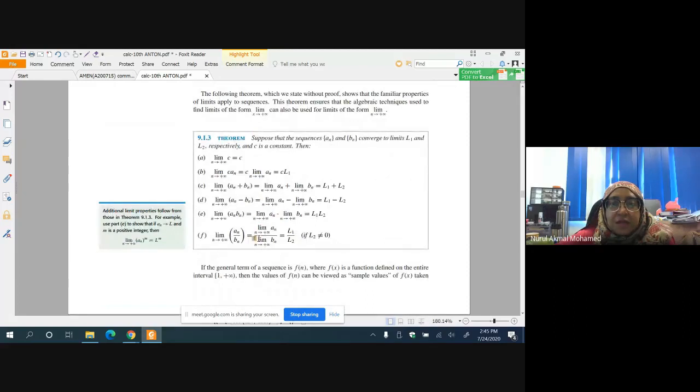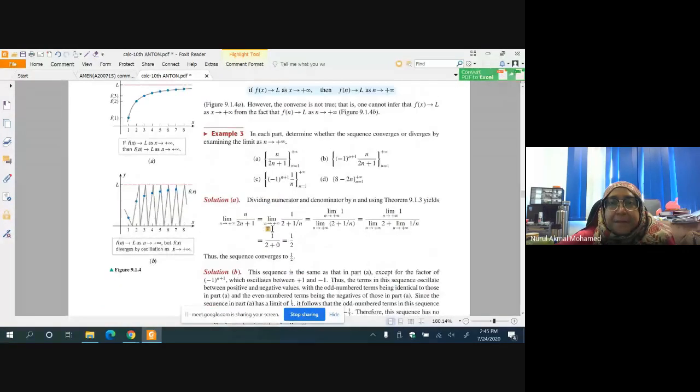And then all the properties for the sequence also apply here. Okay, and then for example 3, you can check whether the sequence converges or diverges. Okay, like this one, n divided by 2n plus 1. If you substitute n equal to infinity, then you will get what?